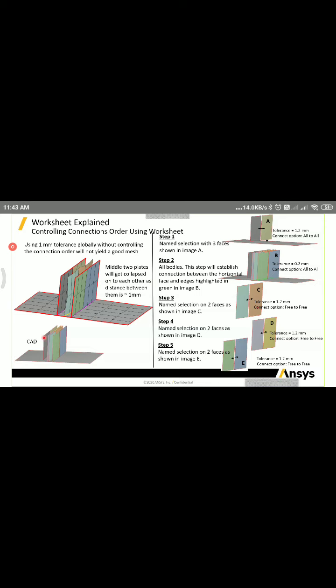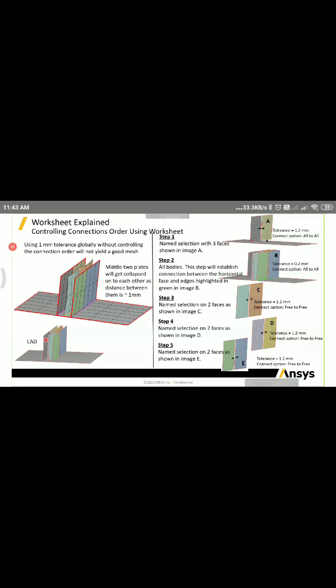Suppose I'm going with one single tolerance, say 1.2. The tolerance between these is say 1 mm. But the tolerance between this place is also 1 mm. But I'm going with a bigger tolerance, 1.2 mm, and if I say all to all, you may get a corrupted mesh here, because it says these two things are also in the same tolerance range, so it will try to connect them. That is not required.